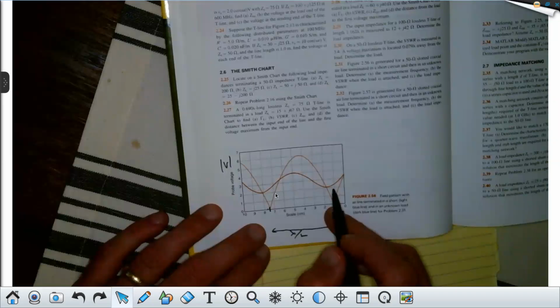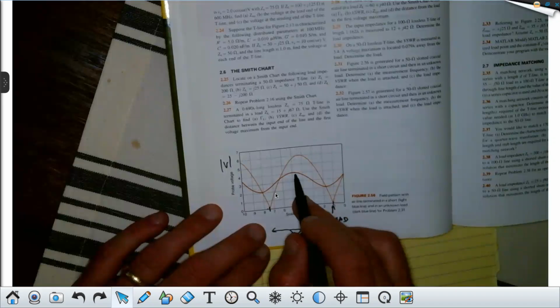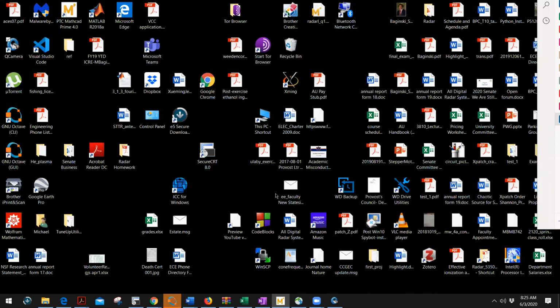Vmax over Vmin, right? The maximum is about 4 and the minimum is about 2. Do you agree with that, class? So we get a voltage standing wave ratio of simply 4 over 2, or we get 2, right? Agreed, everyone?